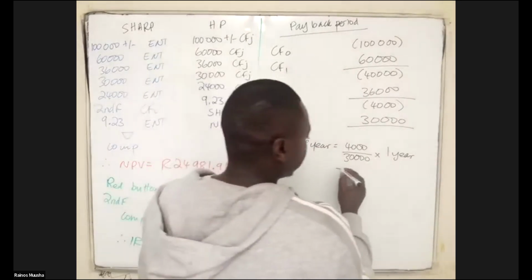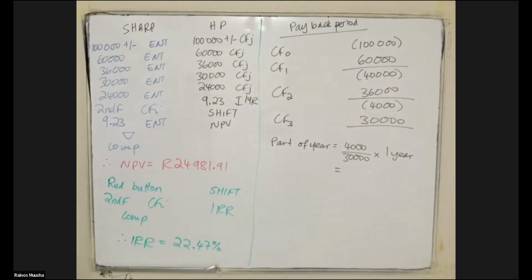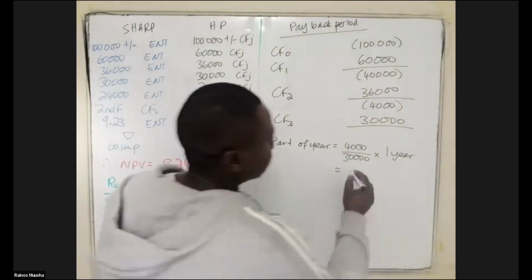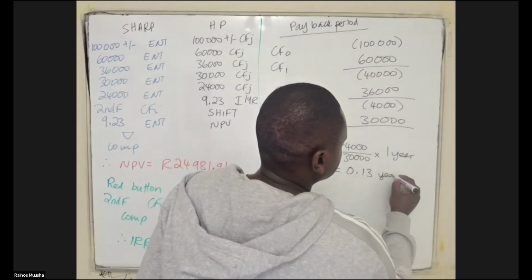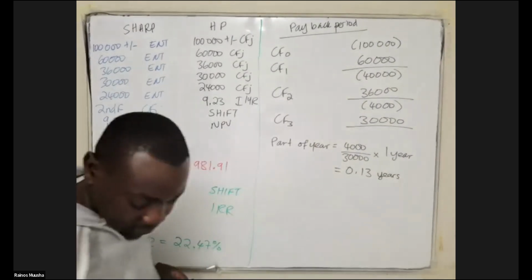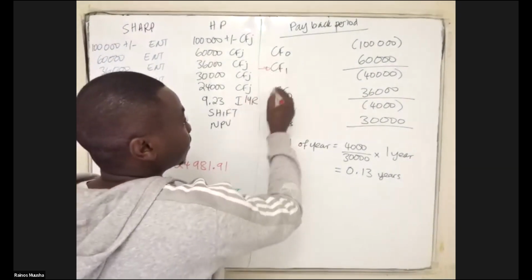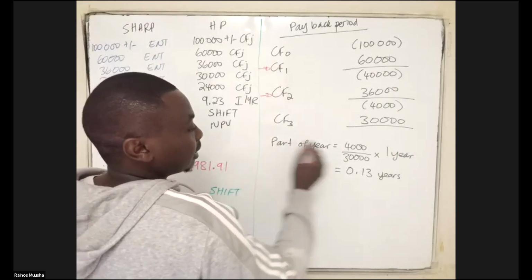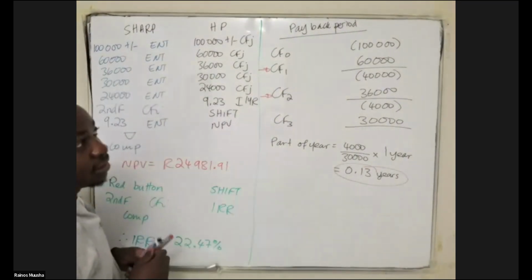So in this case, it's going to be 4,000 over 30,000 multiplied by 1 to see exactly what part of the year it took for us to recover the money that we invested. And you get 0.13 years. Which means it took us 1 full year, 2 full years, and 0.13 years to recover our money.